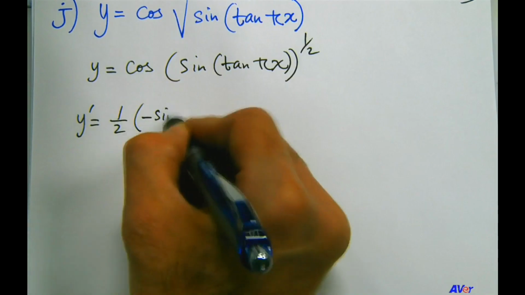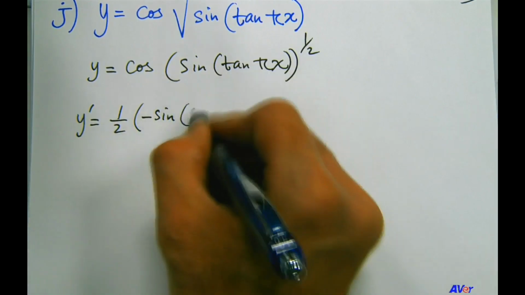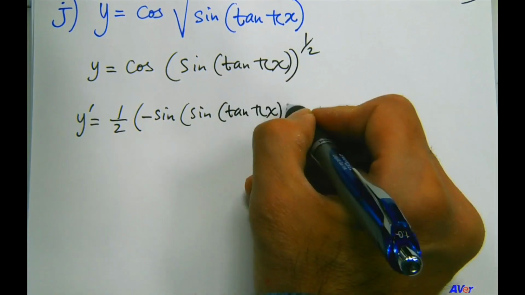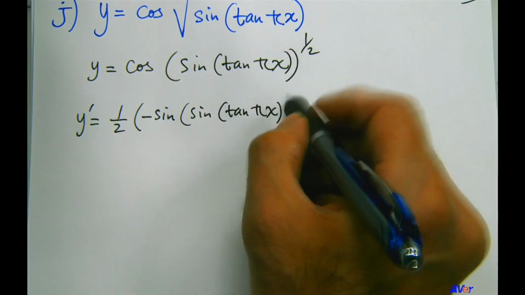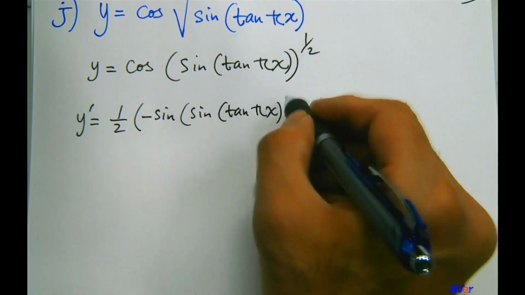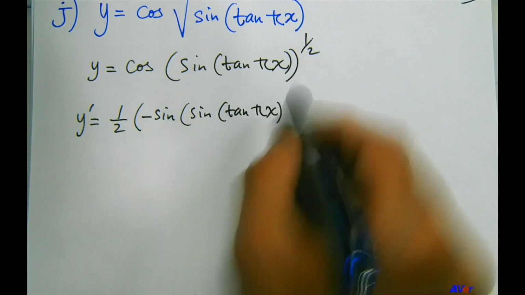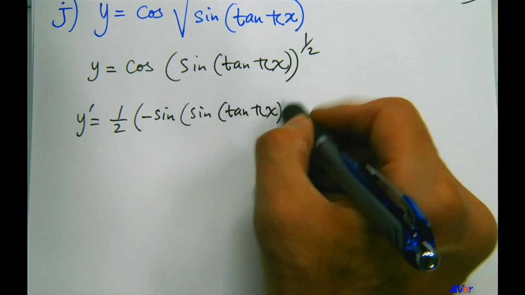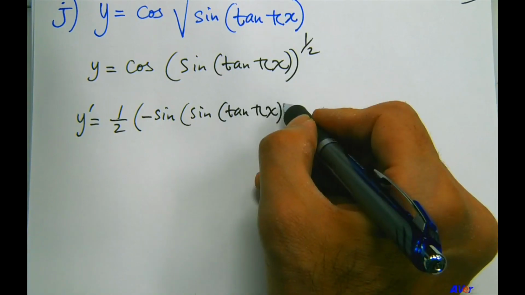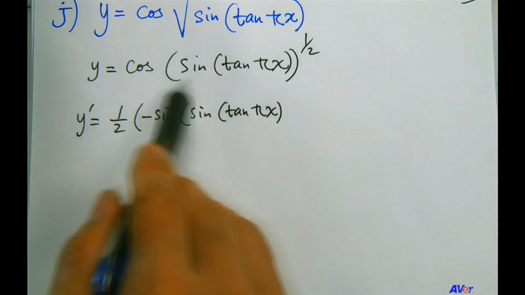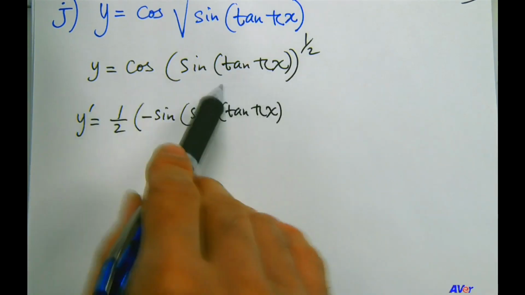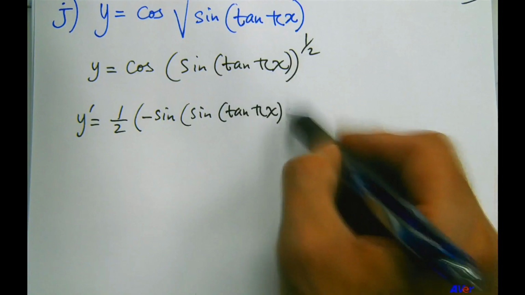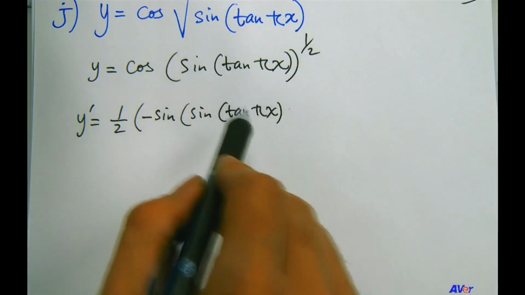Times minus sine of all of that, tangent of that times, okay, let me start over, because this way the chain rule wouldn't be so obvious.